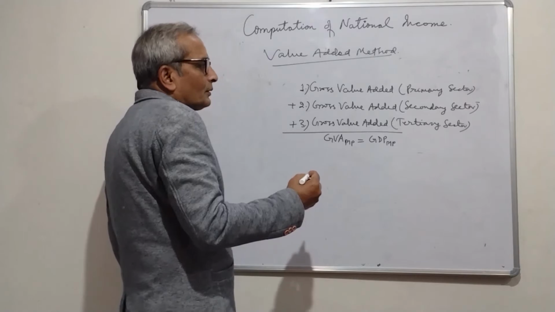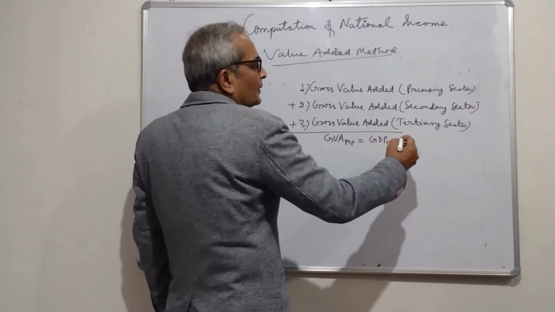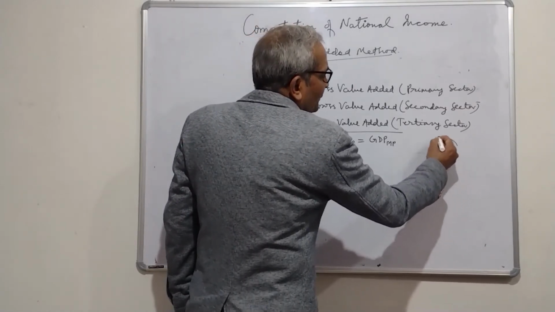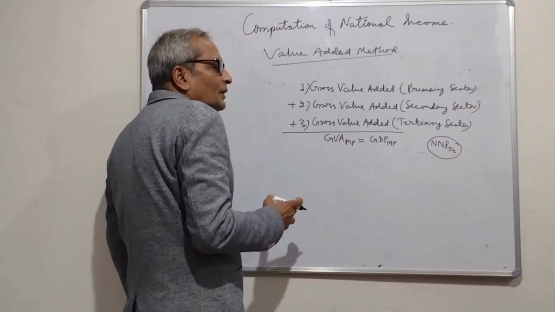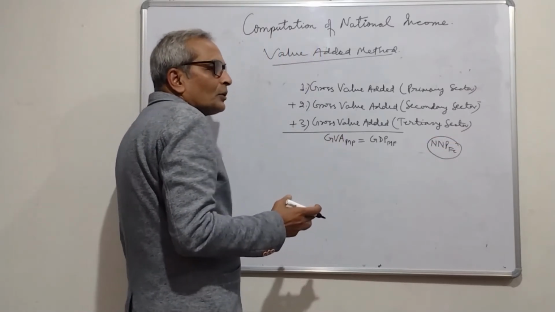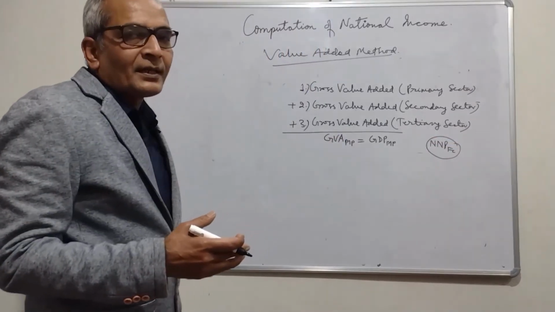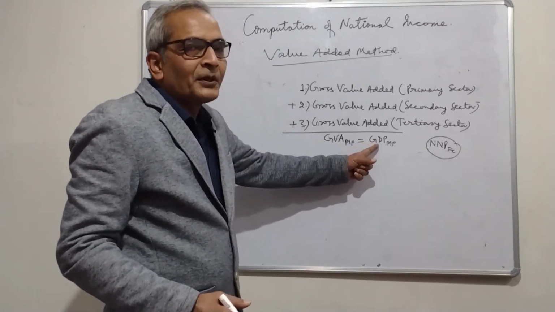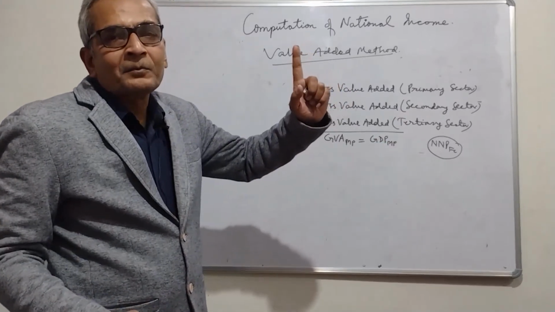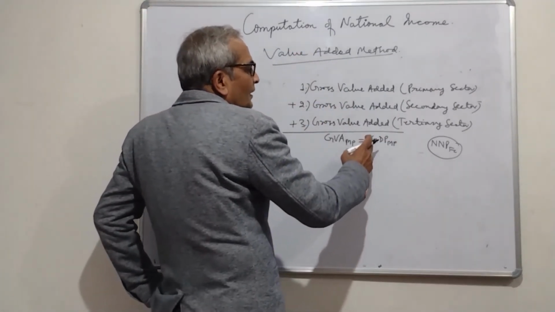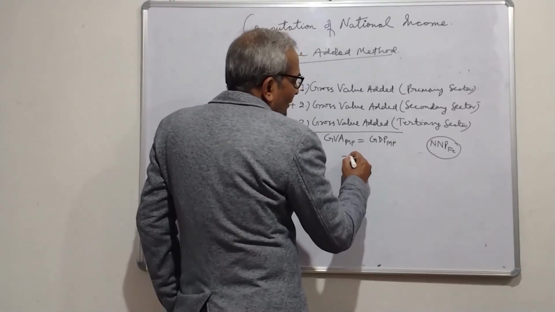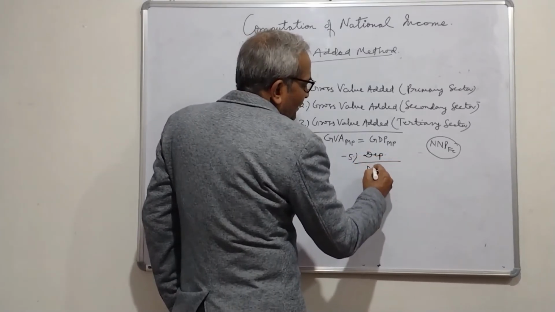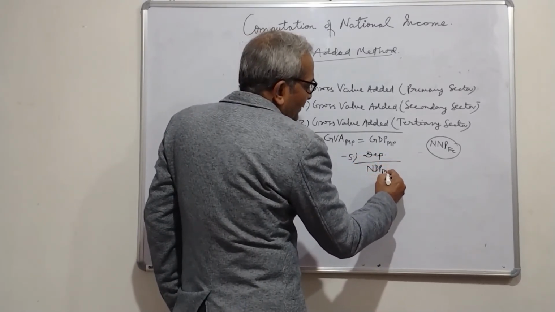Now just recall that to find national income, we have to find out NNP at factor cost. So like in expenditure method, we have to do some addition and subtraction to convert this aggregate measure GDP at market price into NNP at factor cost. To convert gross into net, we subtract depreciation from it, we get NDP at market price.